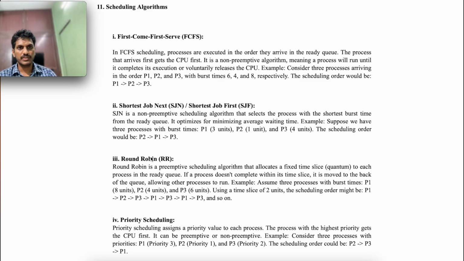If we are in the queue, the one who comes first will be given the ticket first, right? That is the order. That is the idea under the first come, first serve algorithm.